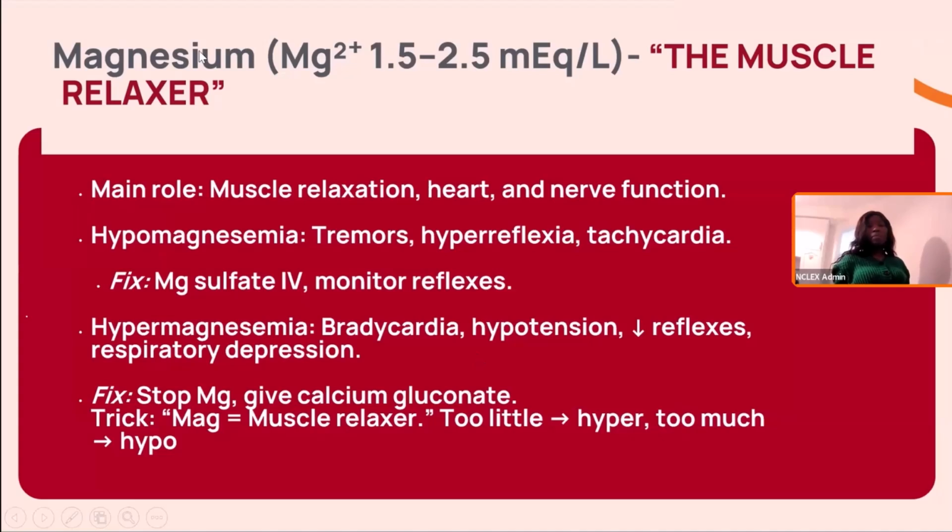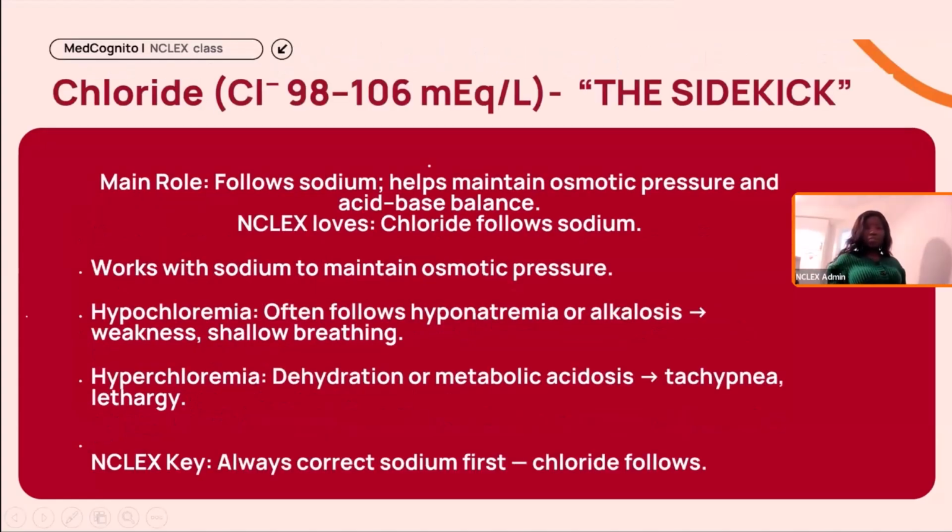So when you remember magnesium, remember the muscle relaxer, and you use that to go around that question on magnesium. So if you have too much magnesium, then stop it. Stop the magnesium. Give calcium gluconate, okay? Give calcium gluconate. Awesome.